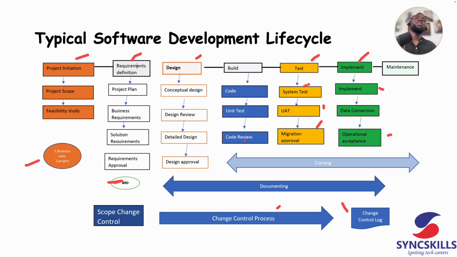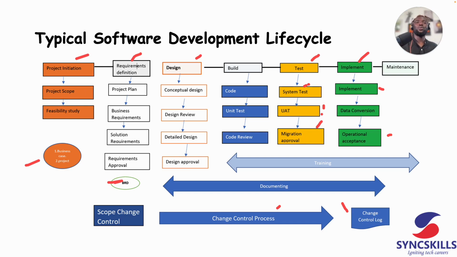And then the build stage is where the developers will actually build the application, making sure they are doing their own unit testing and code reviews, so that what they are building has quality built in. And then the testers are testing and validating, making sure that the system under test works as it should.